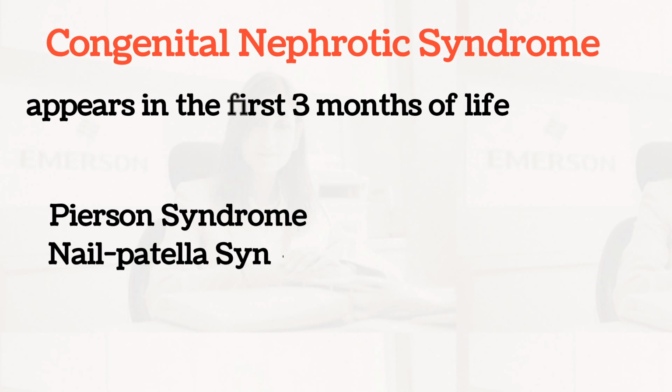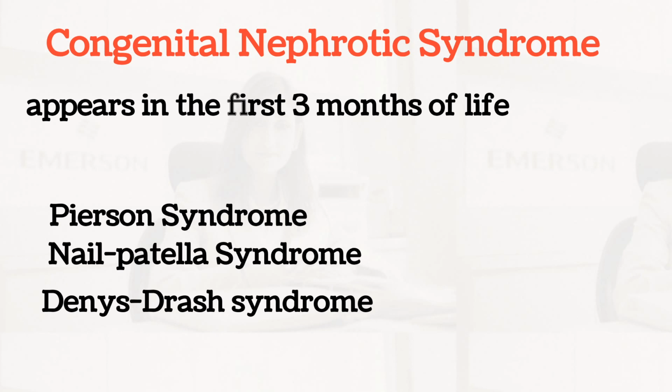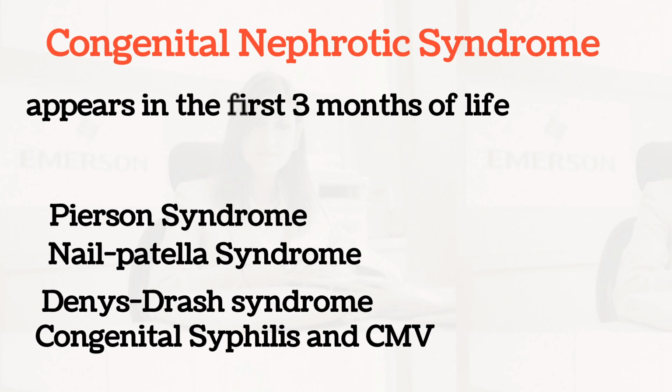Then nail-patella syndrome, which is nephrotic syndrome plus nail and patella deformities. Then Denys-Drash syndrome, which is nephrotic syndrome plus nephroblastoma plus male pseudohermaphroditism. You can also have congenital infections such as syphilis and CMV. Those are some of the multisystemic syndromes that can present with congenital nephrotic syndrome.